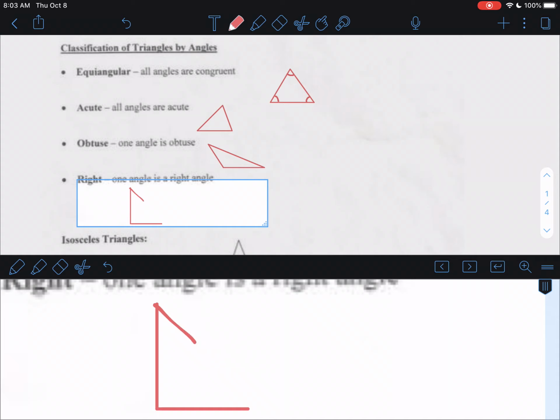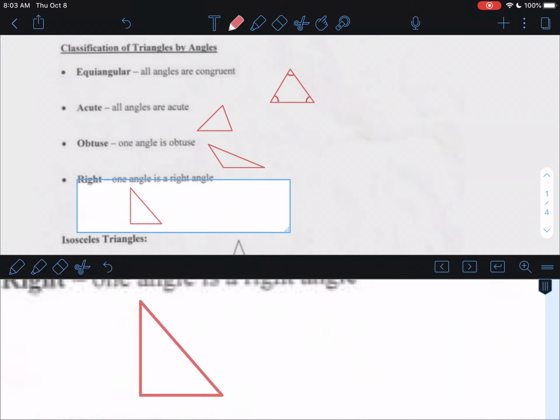Okay, there's my right triangle. And we can see that that angle down there in the left corner is a right angle. So we're going to mark it with that little square. And we will always see right triangles marked with a little square, or almost always. So you'll know when it's a right triangle.